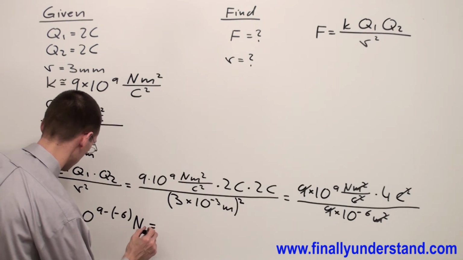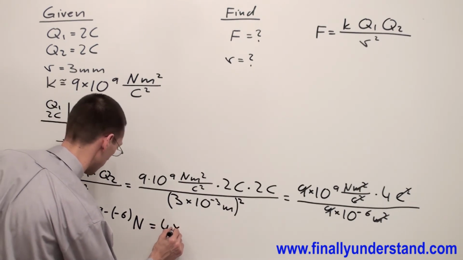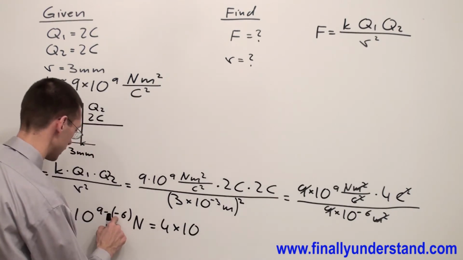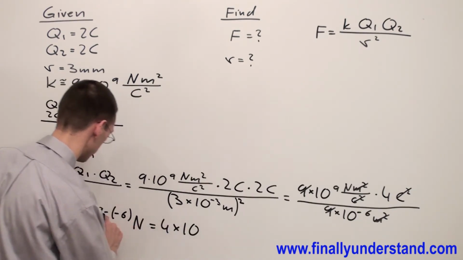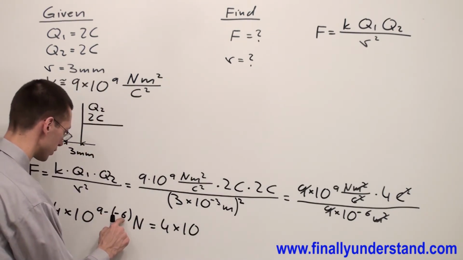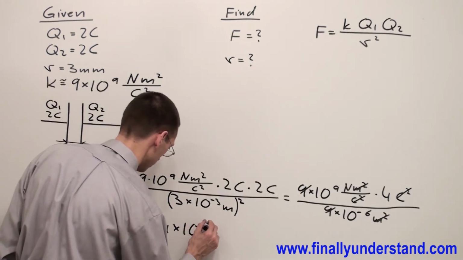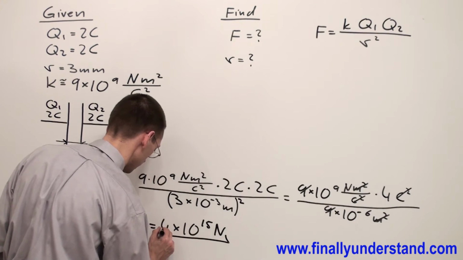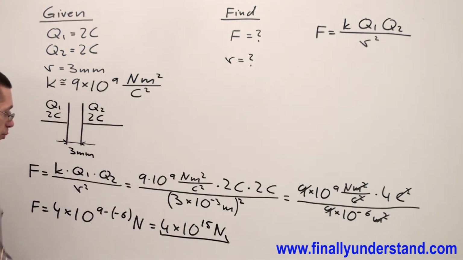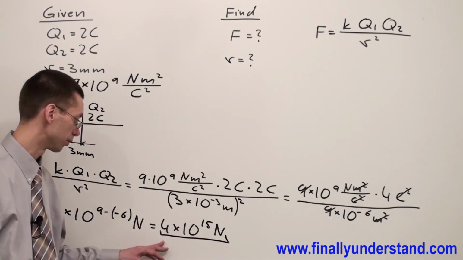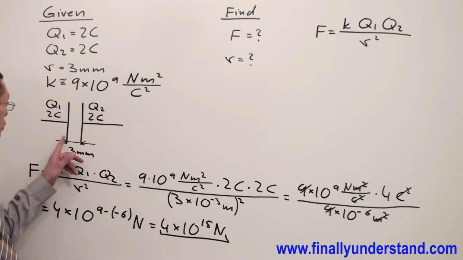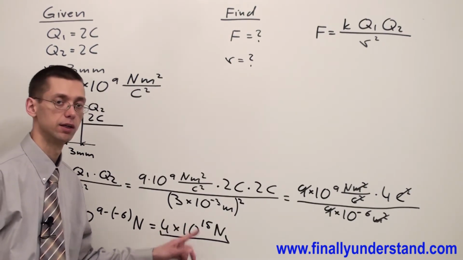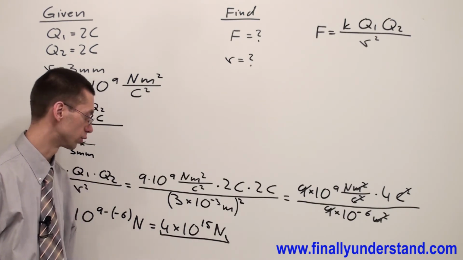This is equal to 4 times 10, negative times negative gives positive, 9 plus 6 gives me 15 newtons. And this is the answer for part A of my problem. The force between these two plates is equal to 4 times 10 to the 15 newtons.